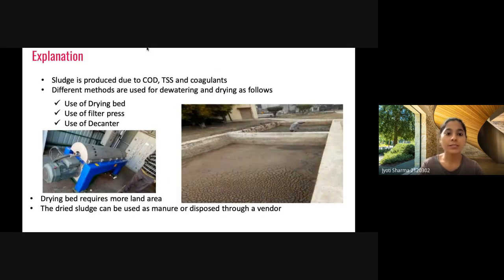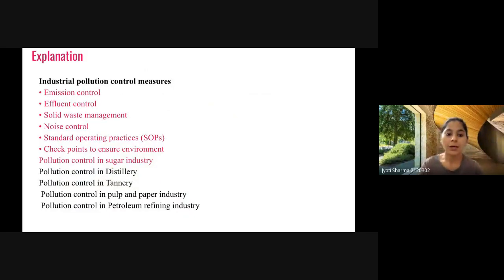So here just see, to dewater the sludge or to dry it, we can use drying beds, filter press, or decanter. And just see here, drying bed requires more land area, and we can use this dry sludge as manure. Okay, so this part is also done.